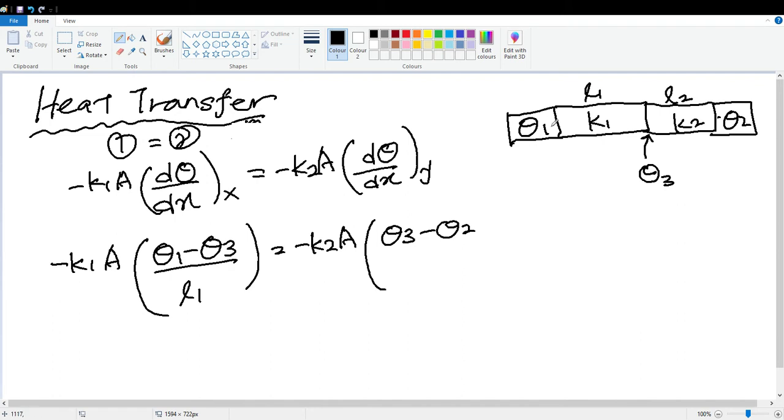So theta 1 minus theta 3 is equal to theta 3 minus theta 2.